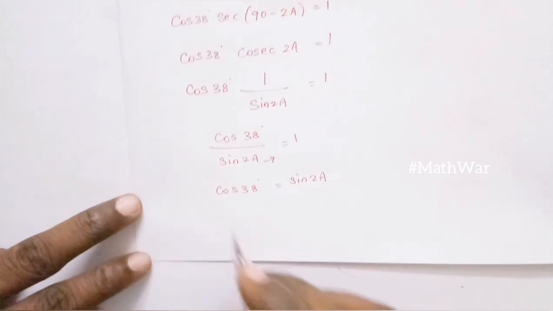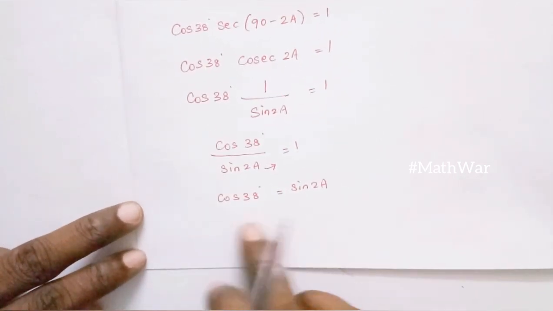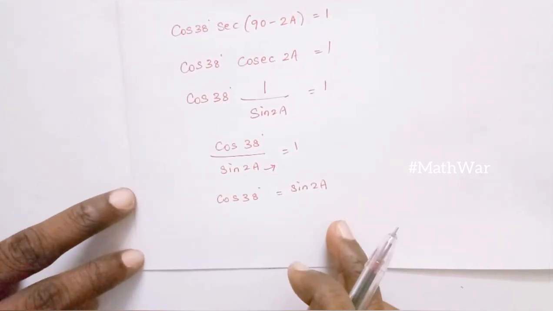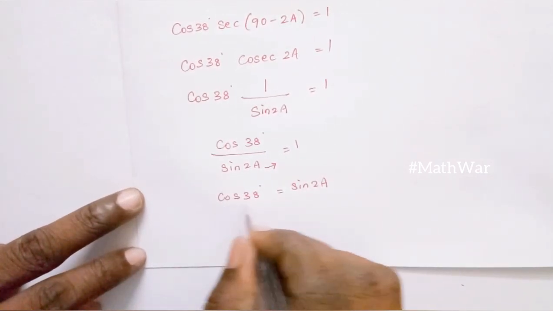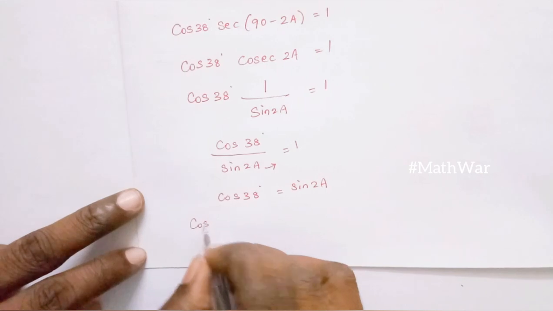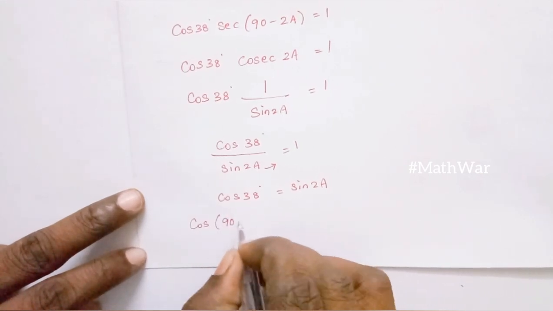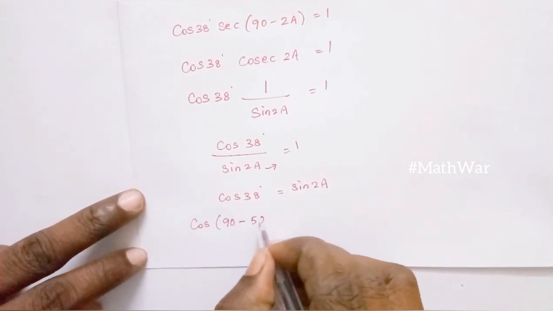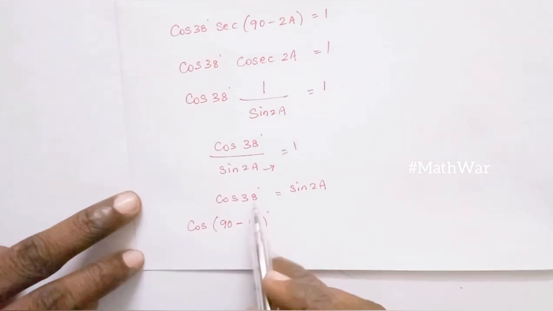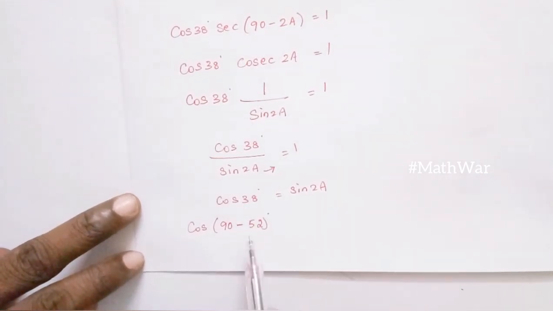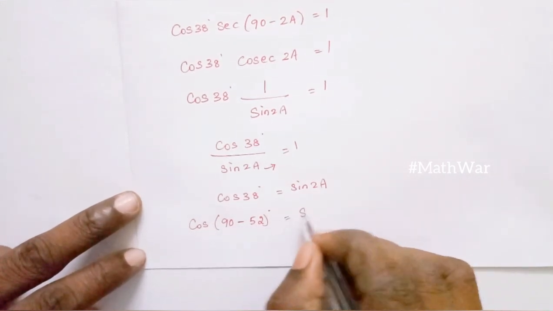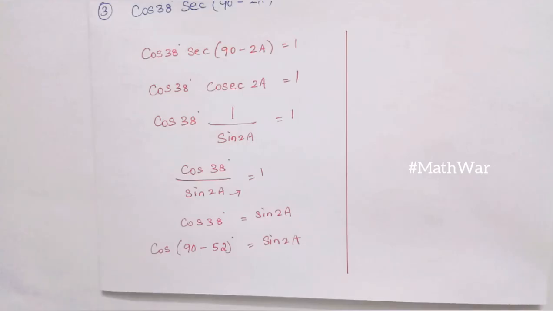Now we cannot compare it, right? If both sides have sin, we can compare. Since we can't compare, we have to change this cos to sin. So cos 38 degree can be written as cos of 90 minus 52 degree, since 90 minus 52 is 38, and that is equal to sin 2A.